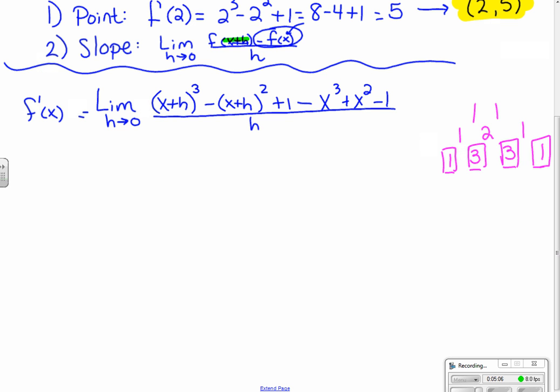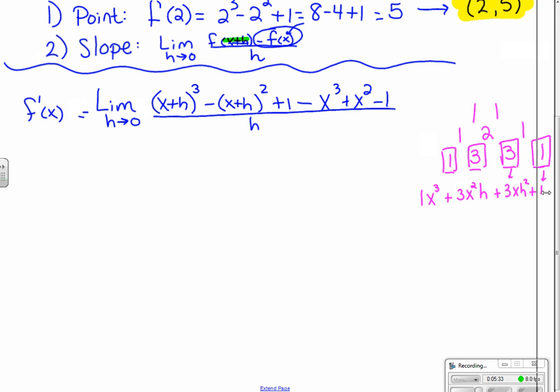So I will have 1 x cubed plus 3 x squared h plus 3 x h squared plus 1 h cubed. Got it.